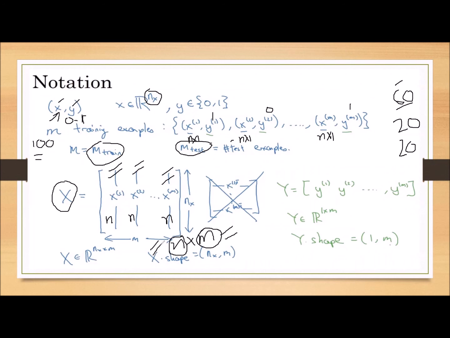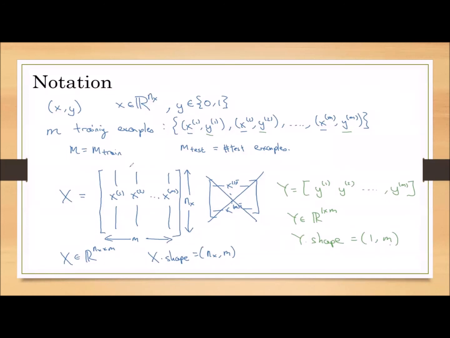If I have 12,288 boxes, I should not use the word pixel, because it is only a 64 by 64 pixel image, so 12,288 values. So it is a matrix of 12,288 by 100. So finally, our capital X is ready.